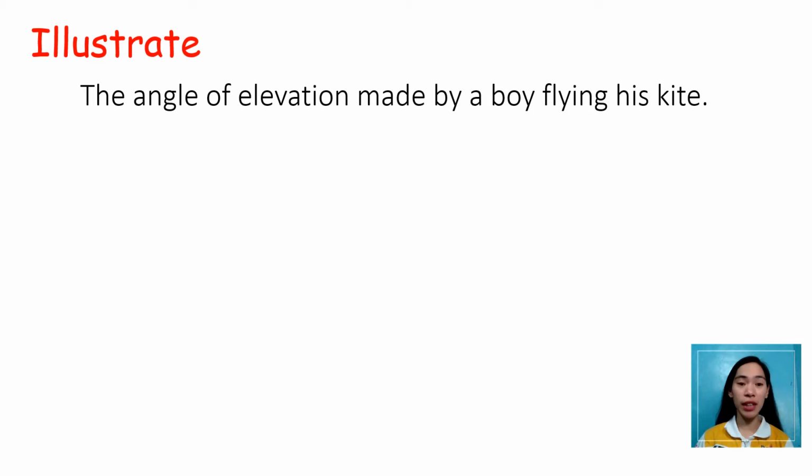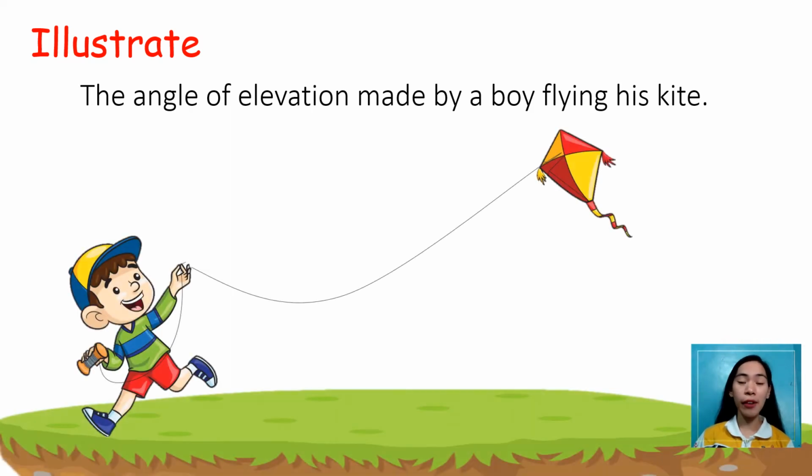Now let us illustrate. How are we going to illustrate the angle of elevation made by a boy flying his kite? First, let us illustrate the objects involved. In this example, we have the boy and a kite. We will start our horizontal line of sight at the eye of the observer, which is the boy.